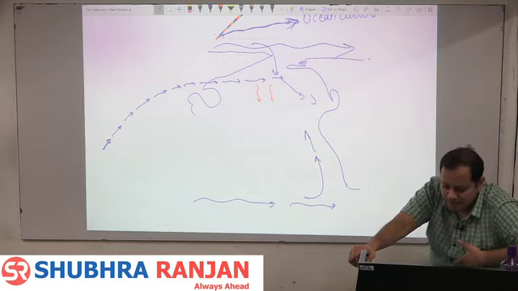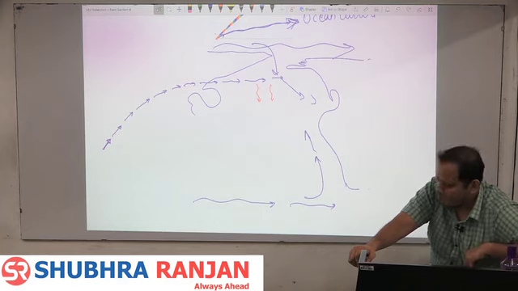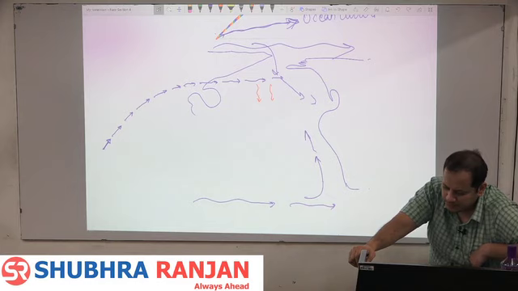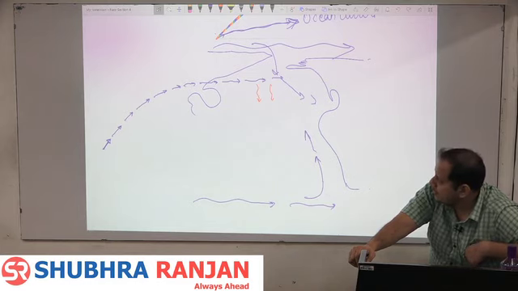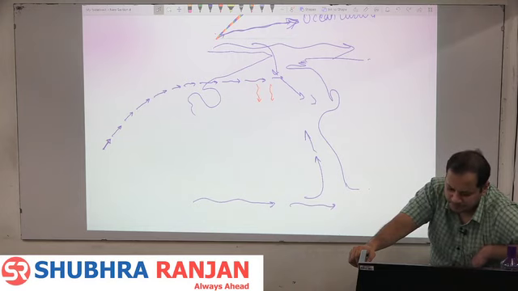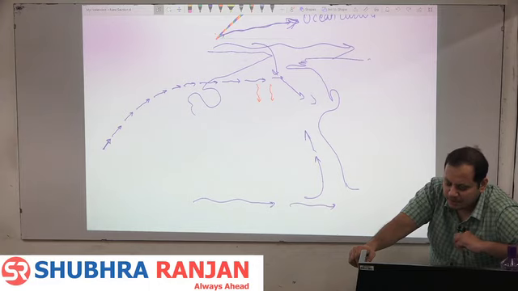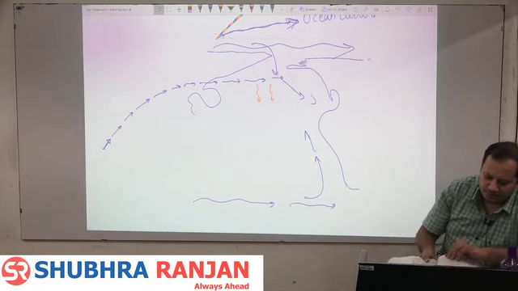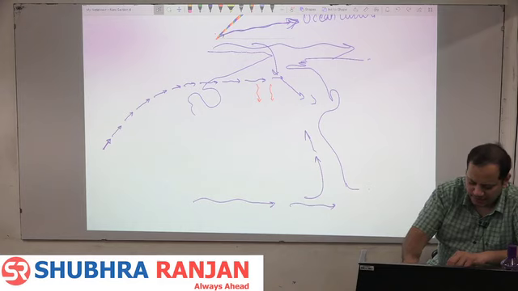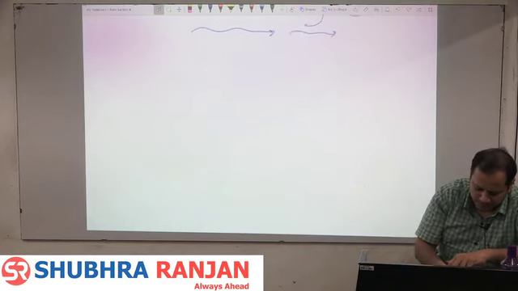First, Ekman's spiral, second, circulation gyres, and third, western boundary intensification. Third is western boundary intensification.